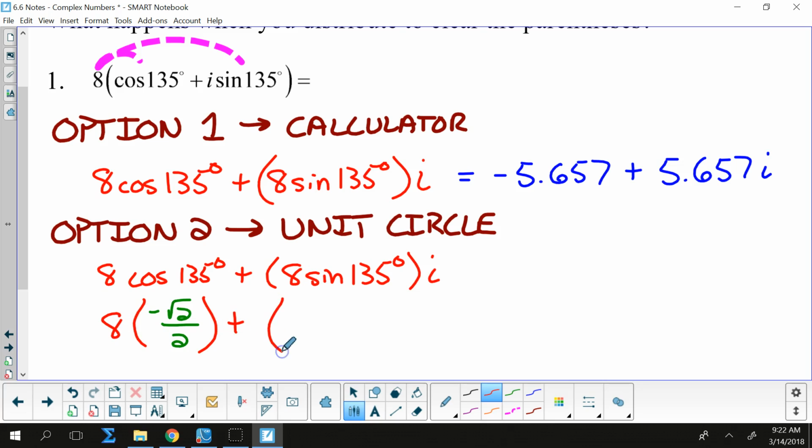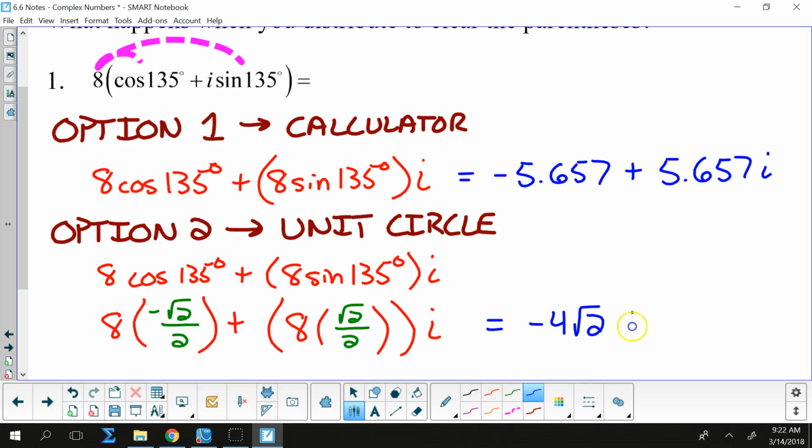The sine of 135 degrees is positive square root of 2 over 2. When I do this multiplication, I get negative 4 times the square root of 2 plus 4i times the square root of 2.